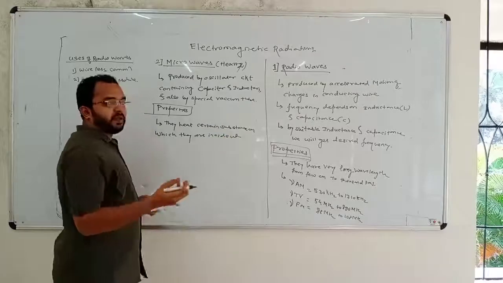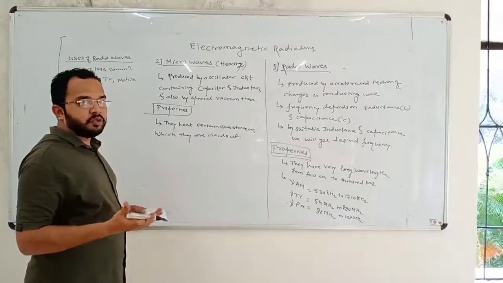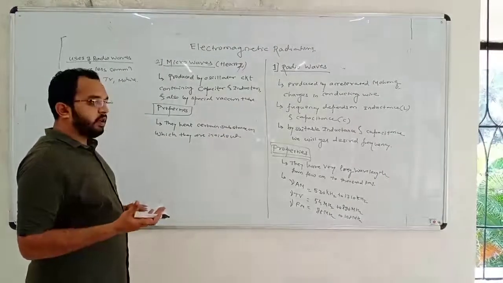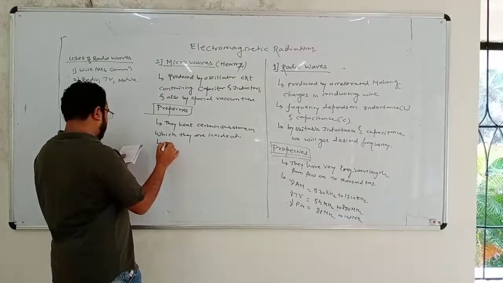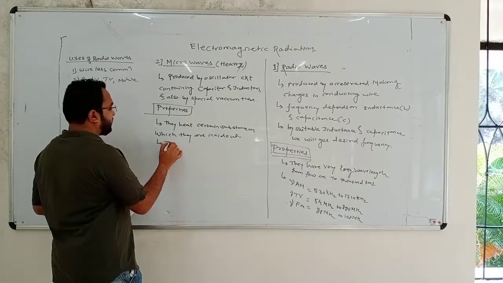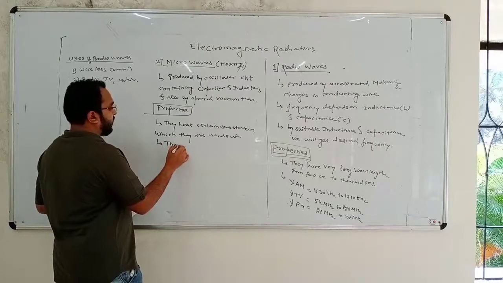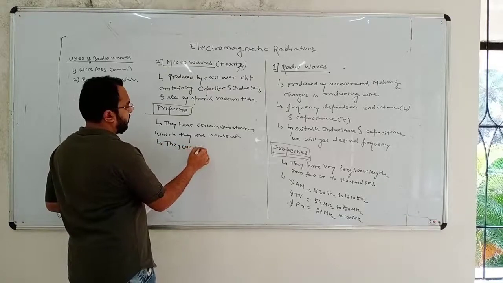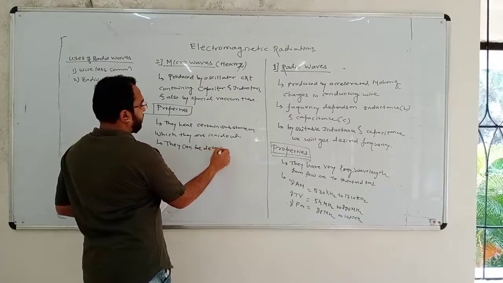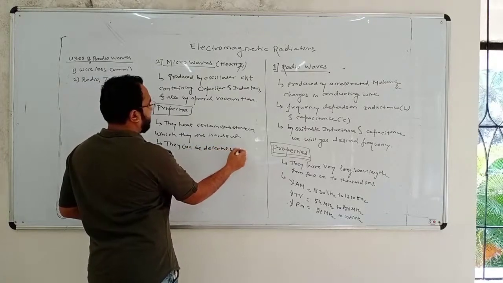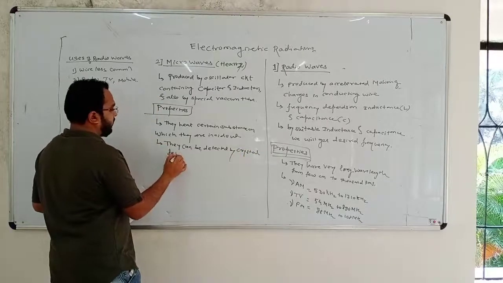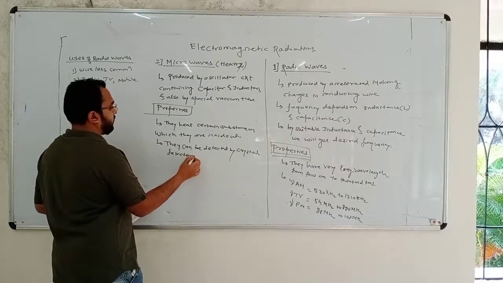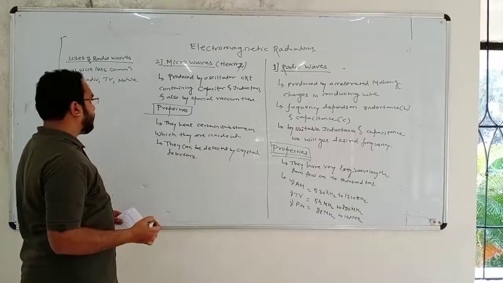So ज्या substance वरती हे पडतात तो substance गरम होऊन जातो. So this is one of the useful property in cooking. They can be detected by crystal detectors. So these are the two properties.